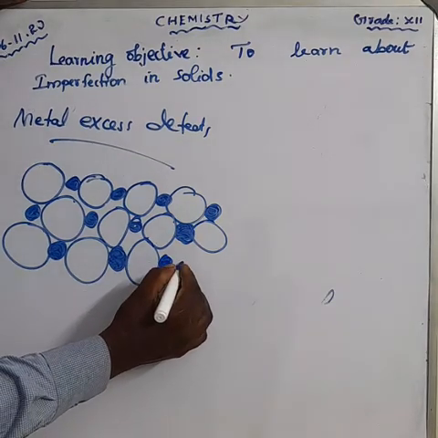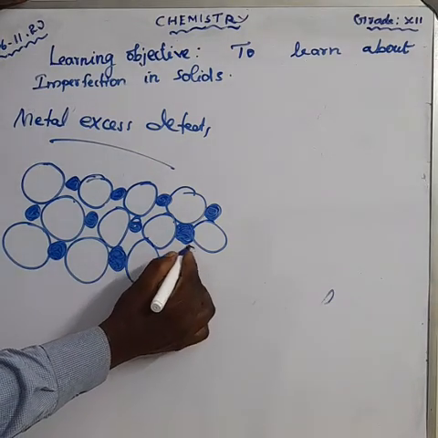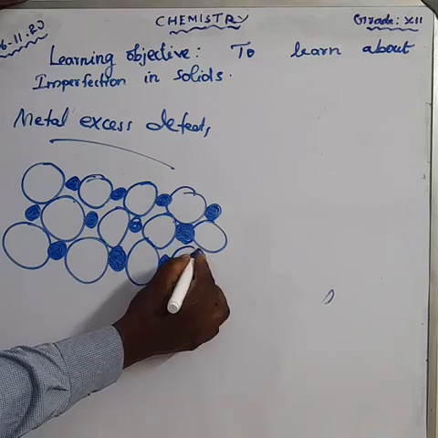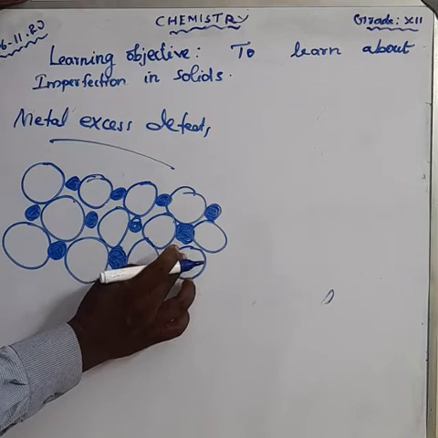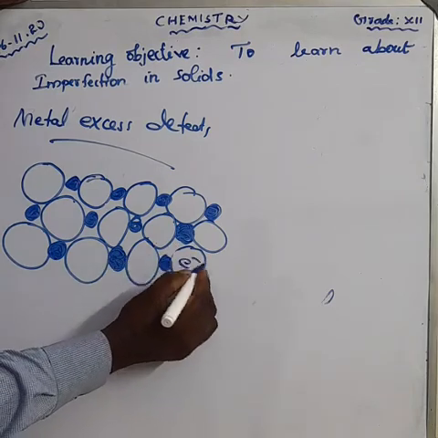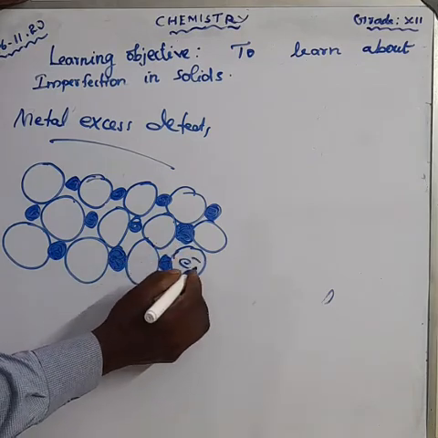Here one of the chloride ions is missing, and here is an unpaired electron, e minus. We say that this is an F center, the unpaired electron.